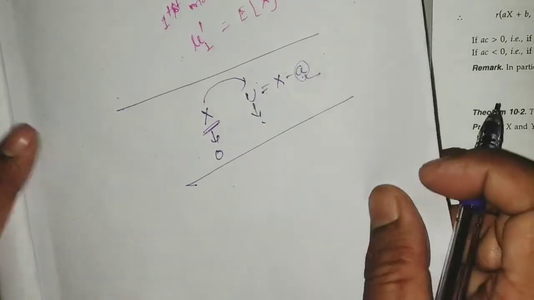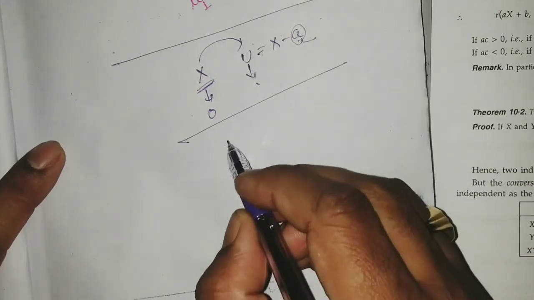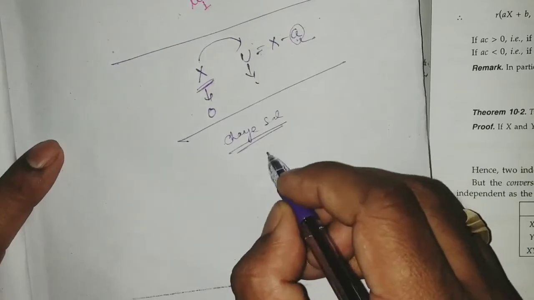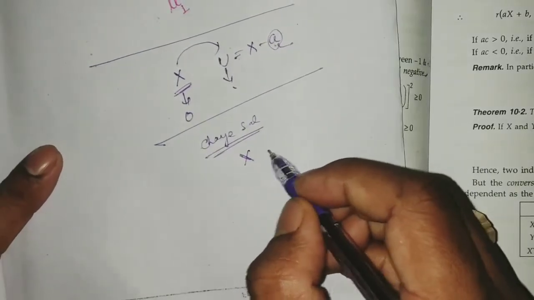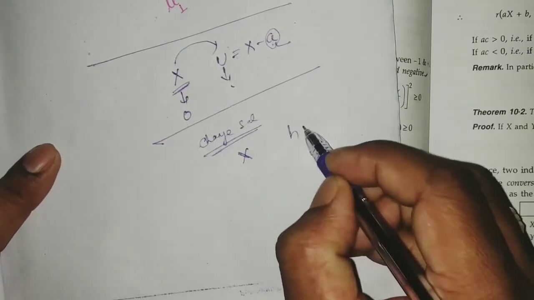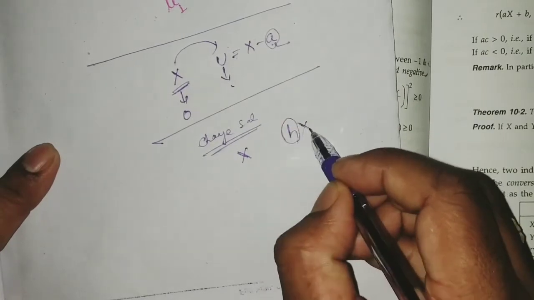And you just recall that change of scale. That means suppose x is your random variable. If I multiply it by any constant, suppose h, a constant, has been multiplied with x.